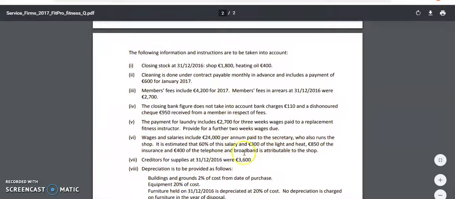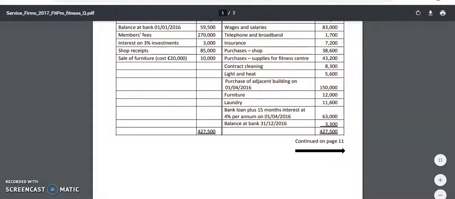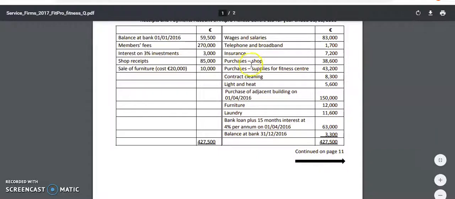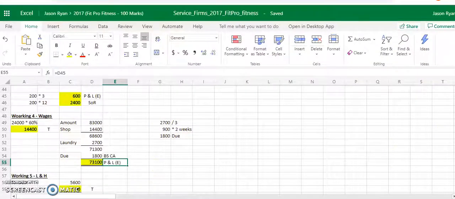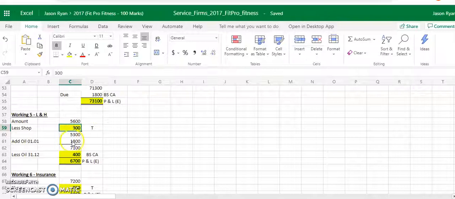Next item then is your 300 euro for light and heat. So light and heat in the question is 5,600. So your next adjustment, light and heat. So you've got the amount 5,600. We're going to take away the shop of 300 to give us 5,300.